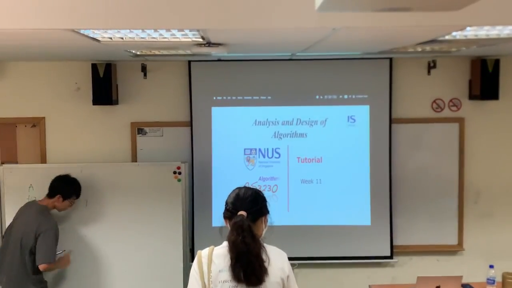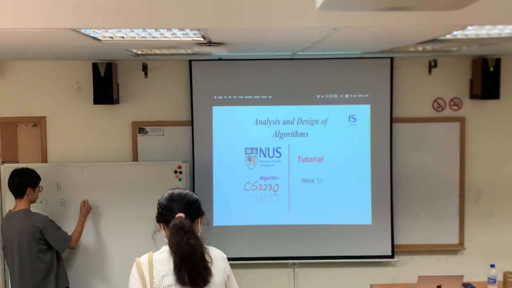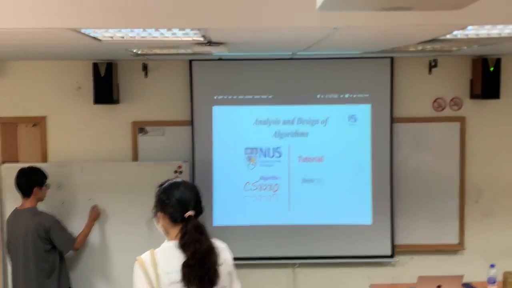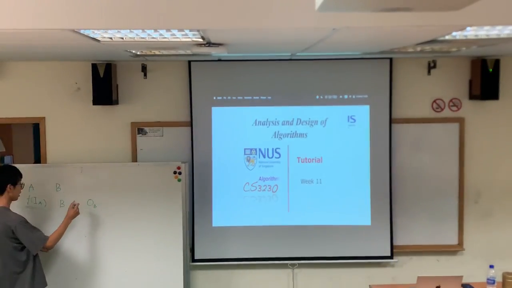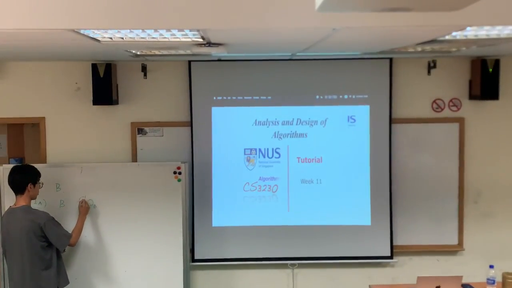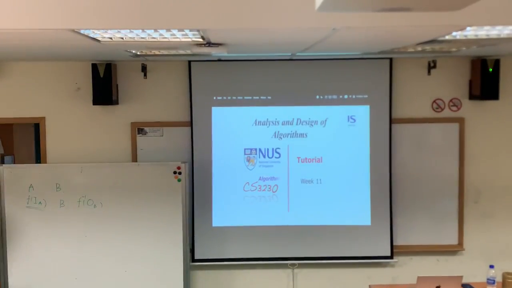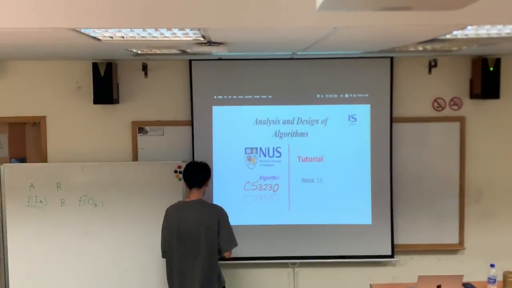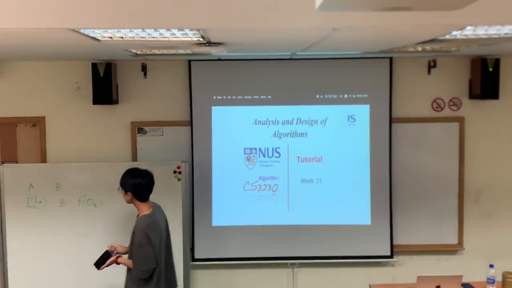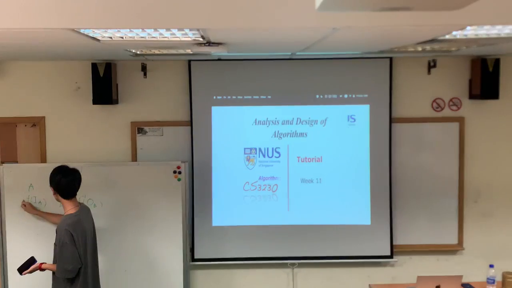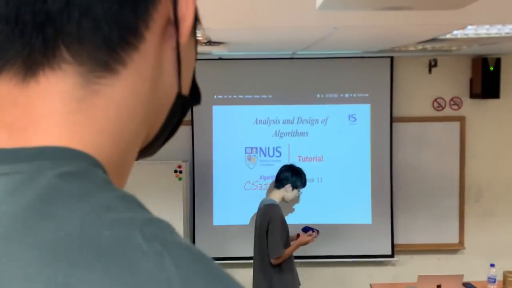Then you can convert this back to the solution for A. This basically means A is a reduction to B. And if you can do both this encoding and this decoding in polytime, this is a polytime reduction.